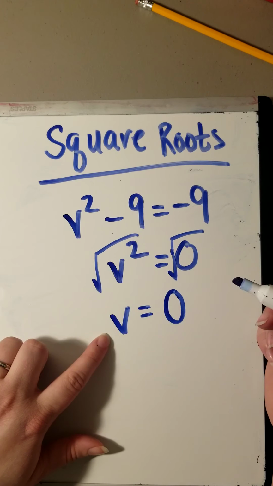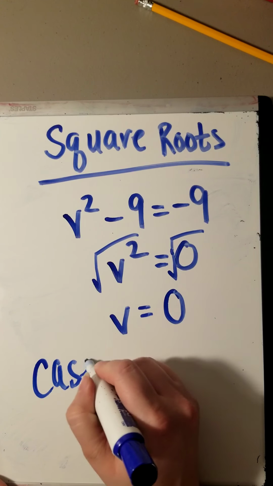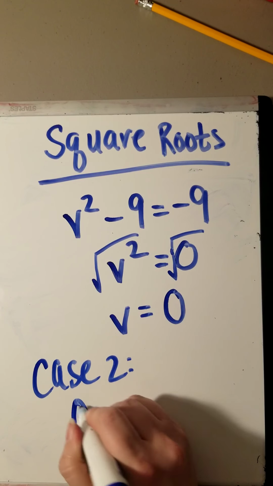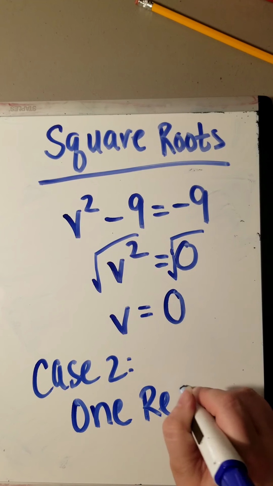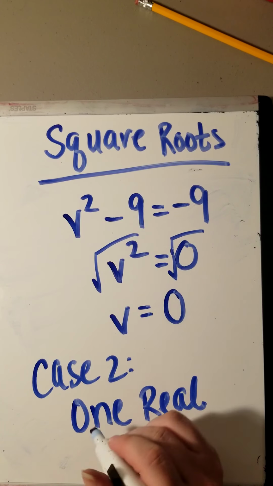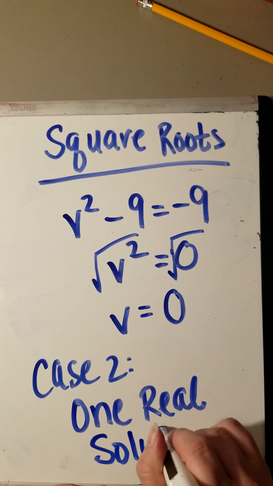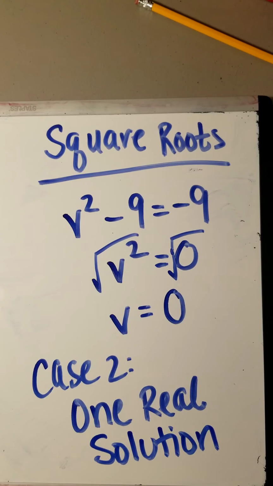I don't have a positive and negative case in this one. So with case 2, you get 1 real solution. If I said real root in the other one, roots and solutions are kind of interchangeable words. Okay. Third case.